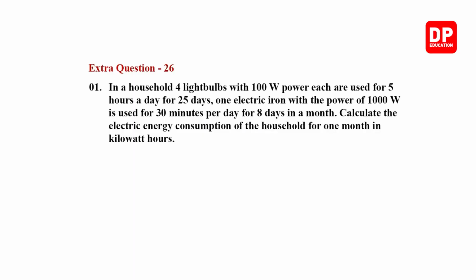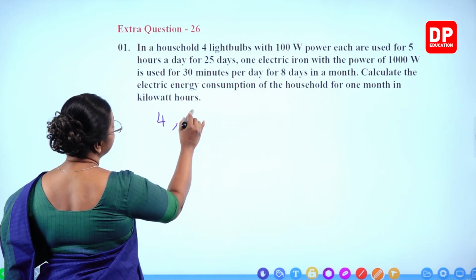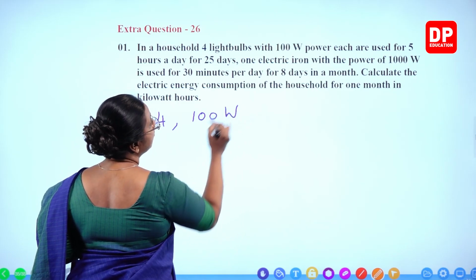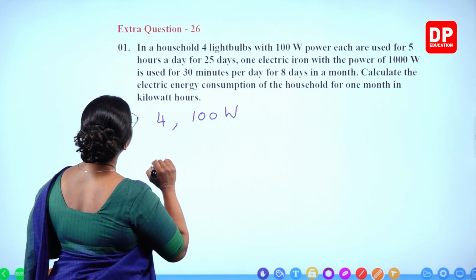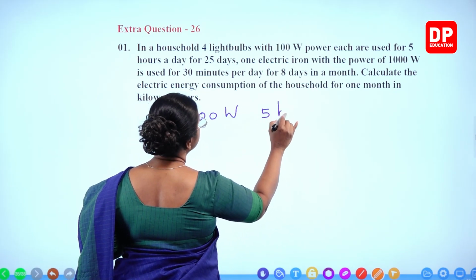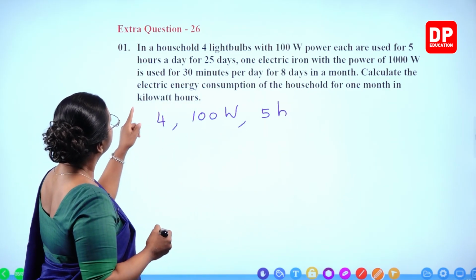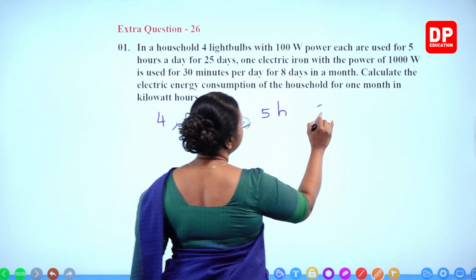Extra question 26. In a household, 4 light bulbs with 100 watt power. It's easy if we write it like this. 4 bulbs with 100 watt power, each used for 5 hours daily, and that is for 25 days.